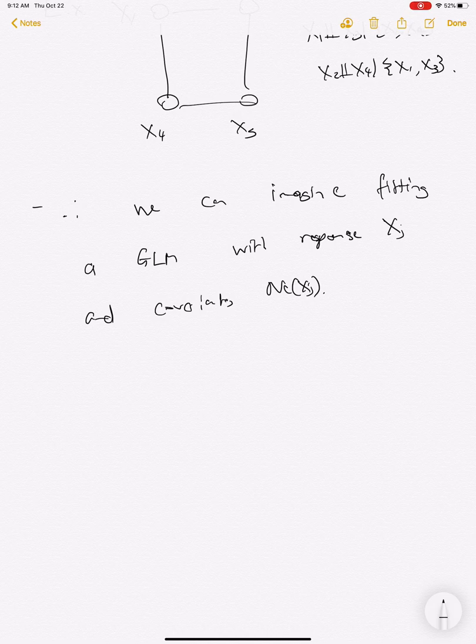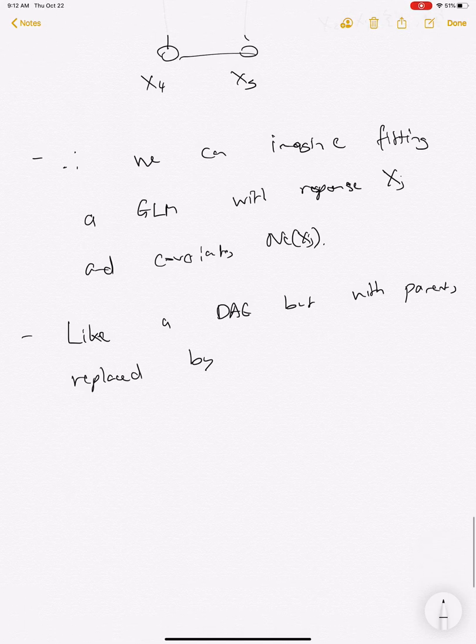So this is exactly like a DAG, but with parents replaced by neighbors.